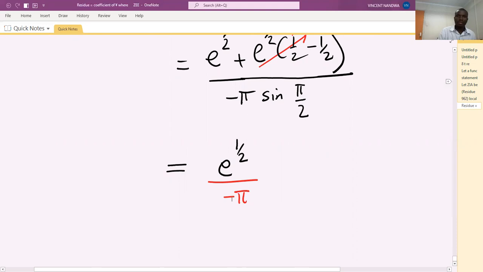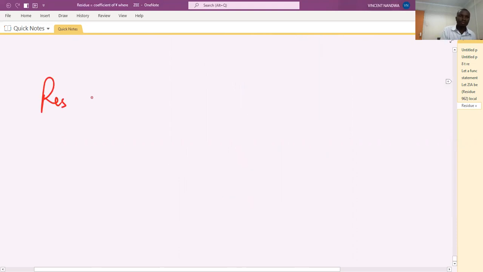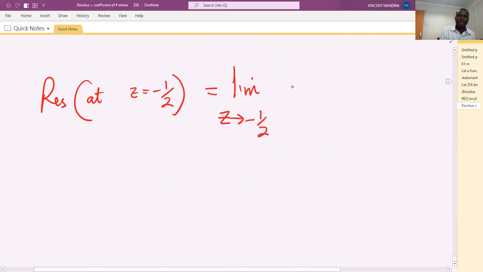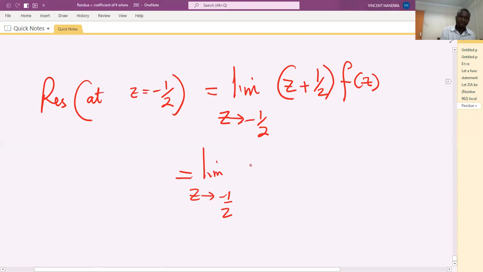So the residue at z equals minus a half will be the limit as z approaches minus a half of (z minus a half, so z plus a half) times f of z, which will be the limit as z approaches minus a half of z plus a half times f of z, where f of z is given by e raised to the power z over cosine of pi z.